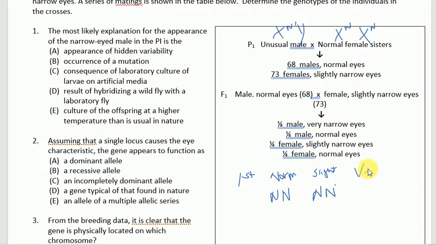And then we have very narrow, which is going to be N prime, N prime. Our second decision, is it sex-linked? Sex-linked.